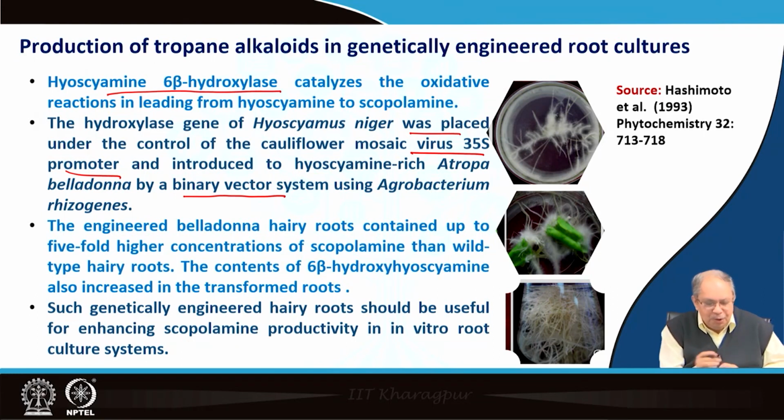So, we will not talk about those tools and techniques more here. The engineered belladonna hairy roots contain up to 5-fold higher concentration of scopolamine than wild type hairy root.